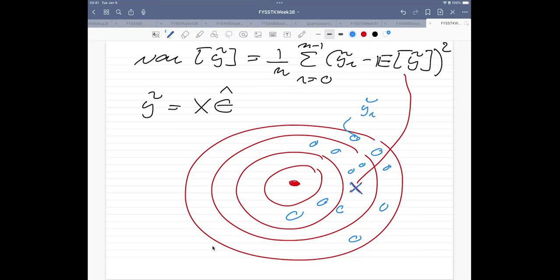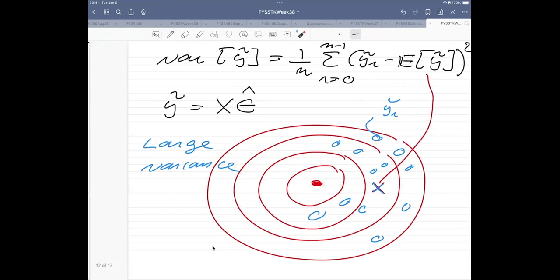Now, if you look at this picture here, and if you think of the variance, without having run a calculation, what would you expect the variance to be? Large or small? What is the popular vote here? Yeah? Large variance. So the variance here is large. What about the bias? The bias is measuring the distance between the true value we want to reproduce and the mean value.